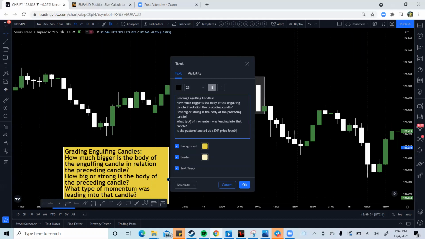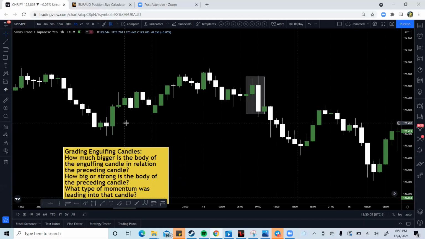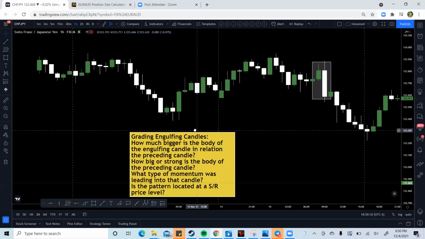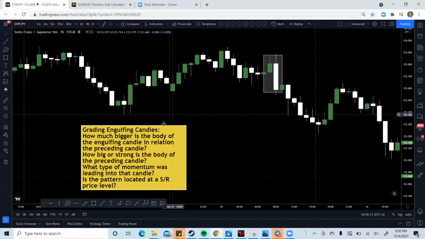So remember those 4 questions for engulfing candles. For all other candles, remember the last 3 questions. These 3 questions are going to help you grade all other candlestick patterns. But the engulfing candle has an extra question.